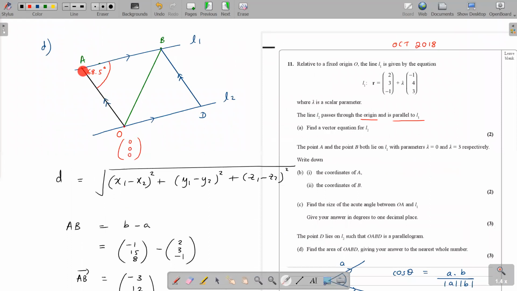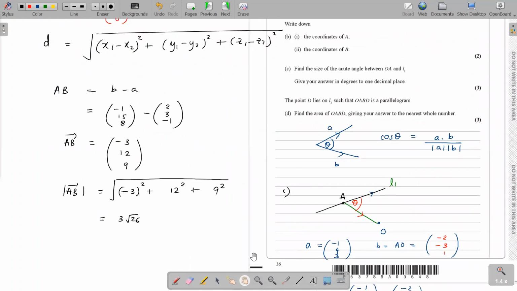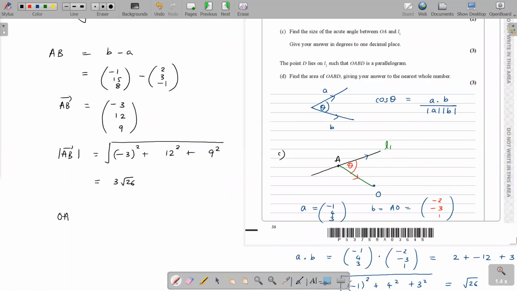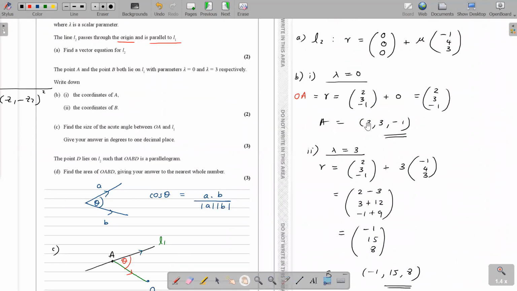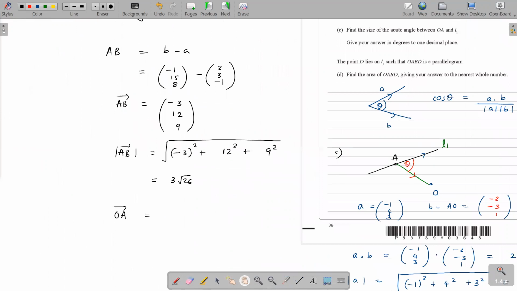For OA, we already know the OA vector. OA is simply the position vector of A, which is 2, 3, minus 1. So the OA vector modulus is the square root of 2 squared plus 3 squared plus minus 1 squared.